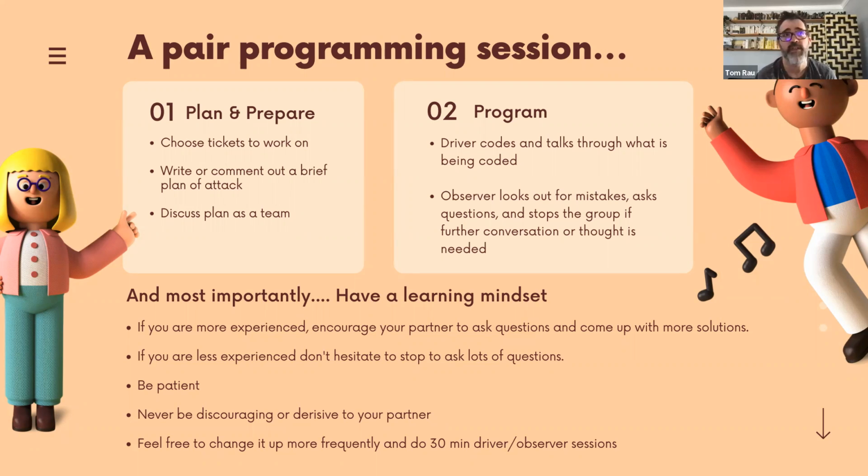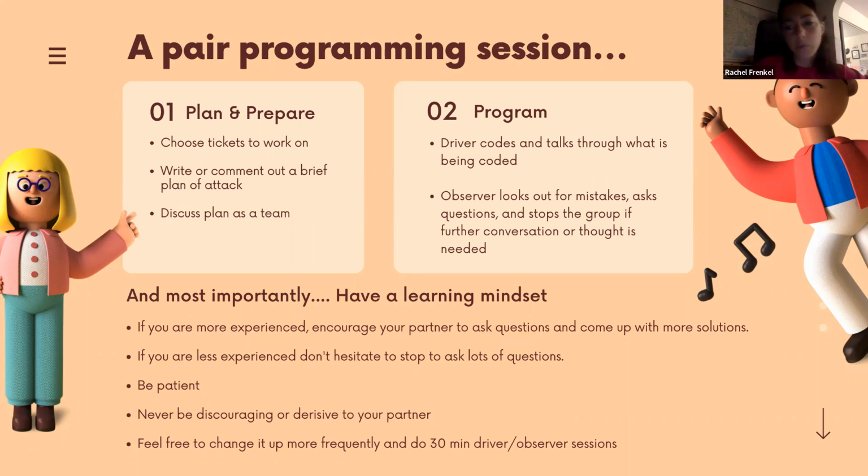Then you jump in, and like what Rachel went over earlier, the driver is going to code and talk through what's being coded while they're doing it, and the observer is going to be looking out for mistakes, asking questions, and stopping the group if further conversation or thought is needed. And obviously the driver can also stop and ask questions of the observer. We want it to be as collaborative as possible.